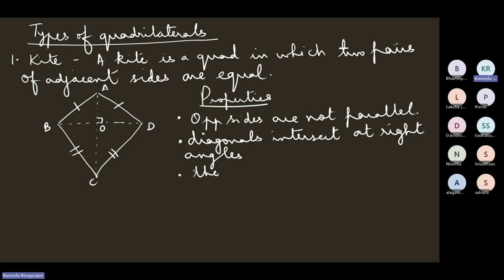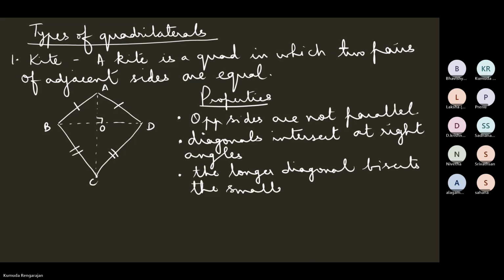The longer diagonal bisects the smaller diagonal.